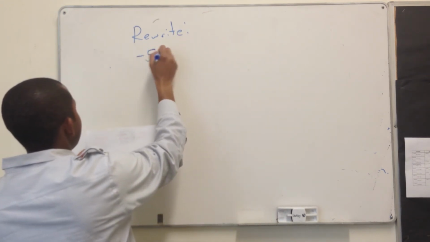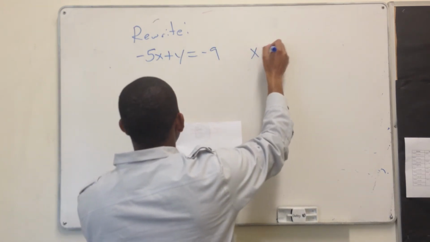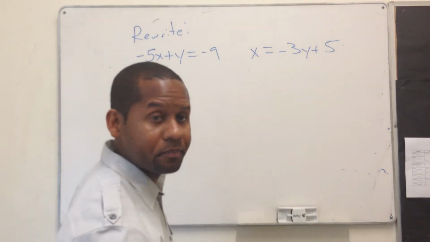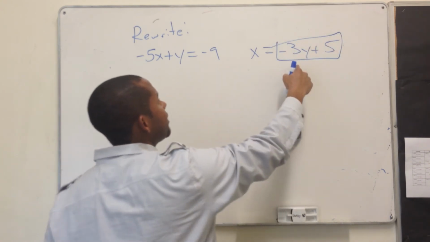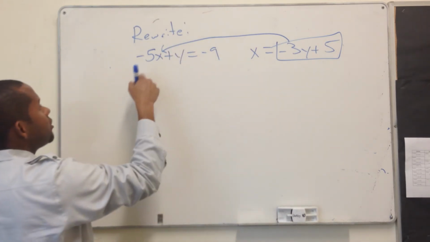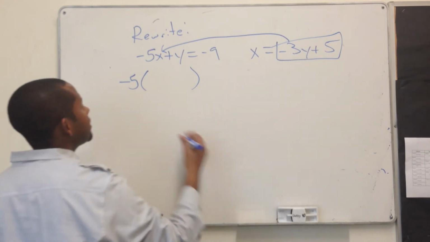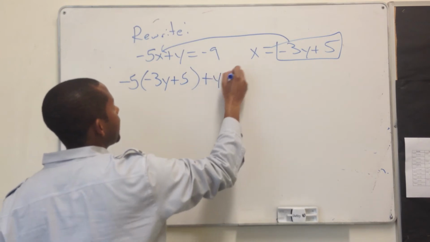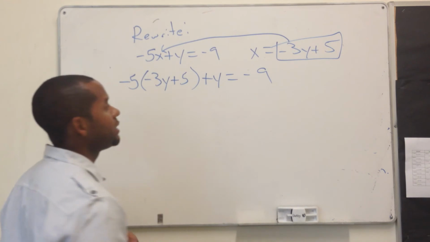So I get negative 5x plus y equals negative 9, and x equals negative 3y plus 5. X is what's by itself, so I take negative 3y plus 5 and plug it in. I write negative 5, put parentheses where x is, and put this in place of x: negative 5 times negative 3y plus 5, plus y equals negative 9. Hopefully you can see how this got substituted in here.